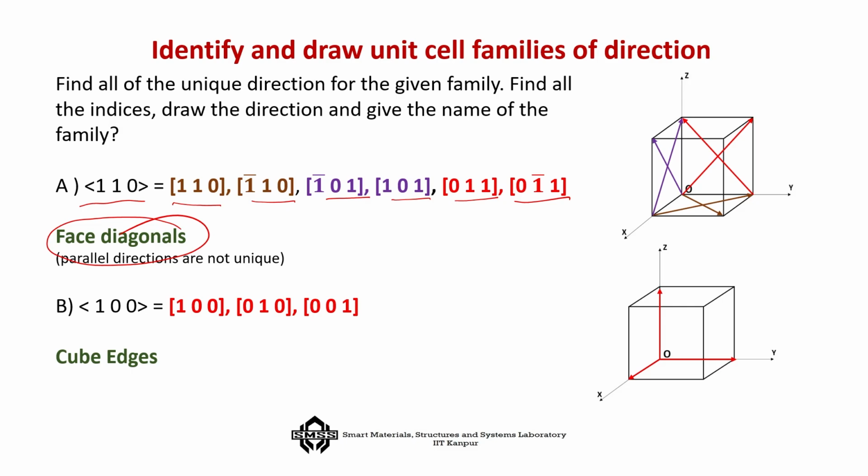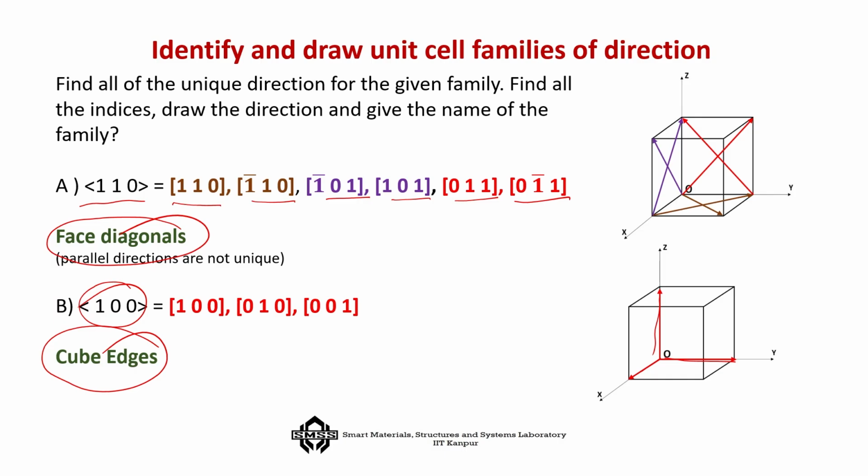And if I give you 1 0 0, then the answer will be all the edges of the cube. So, 1 0 0 family covers these directions, and 1 1 0 are all the face diagonals.